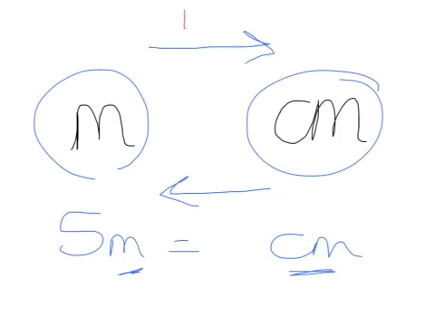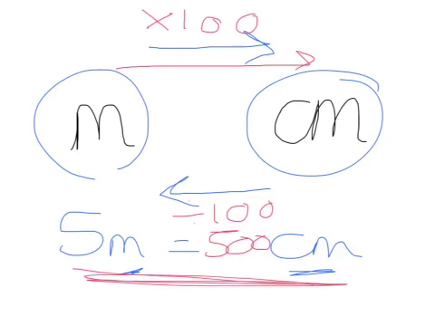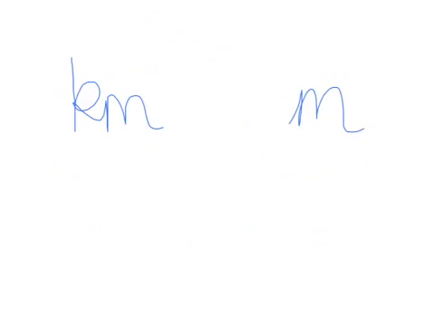It's 100. So I need to put my hundreds in. And if you remember, the top arrow is times and the bottom arrow is divide. So 5 metres into centimetres, because I'm following that arrow, I'm timesing by 100. So 5 times 100 would be 500. So then I know 5 metres is 500 centimetres.